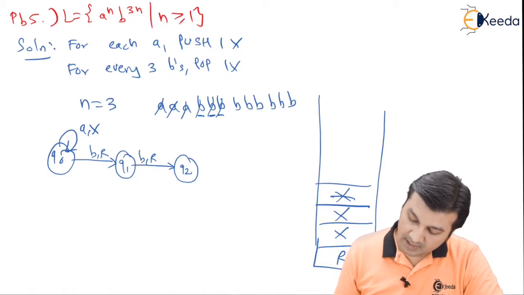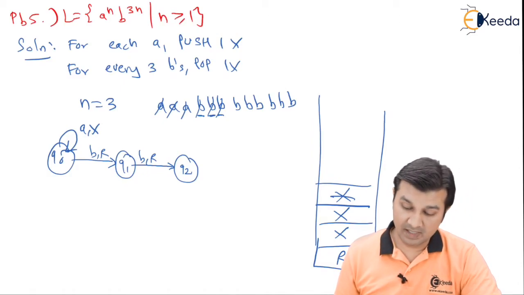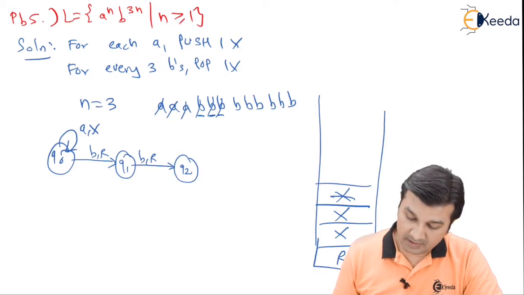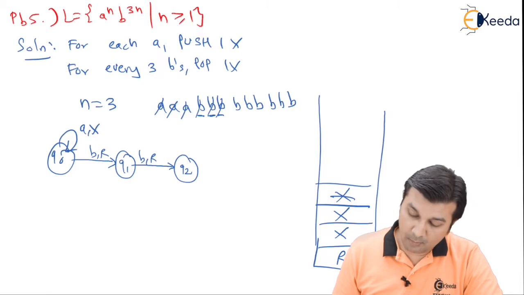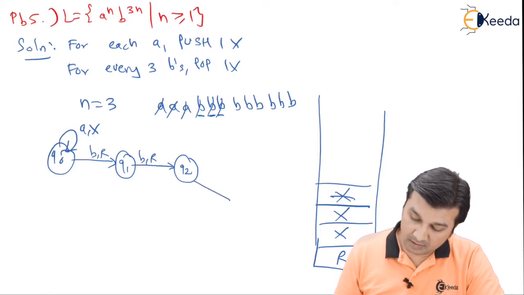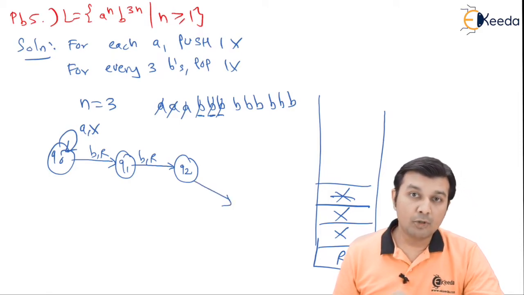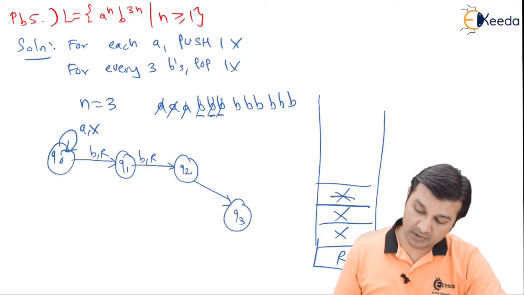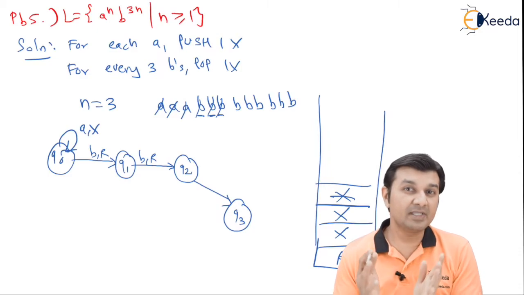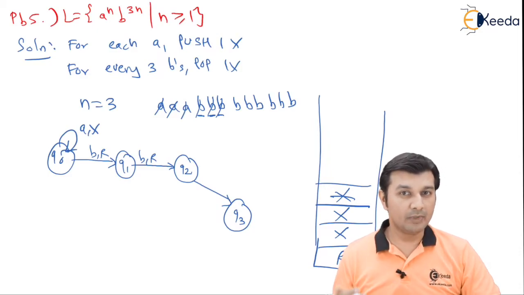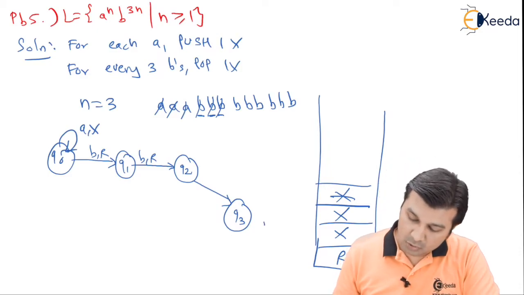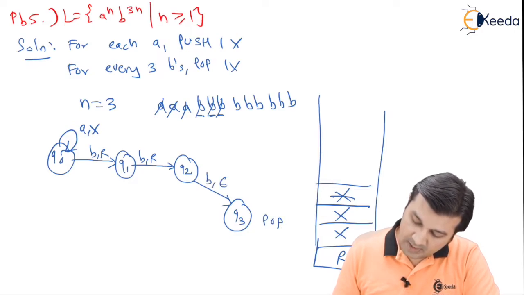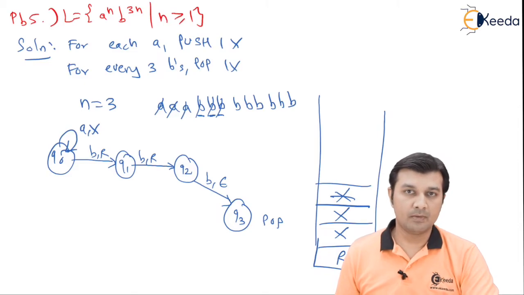For the third time when I receive a b, I say perform a pop operation. Since it is a pop operation now, after the third b, I am not going back to state Q0. Instead, I will be going to a new state because that was the rule. Every time we change from push to pop, we have to change the state. So this is basically my pop state. I receive a third b and I say pop now, right?